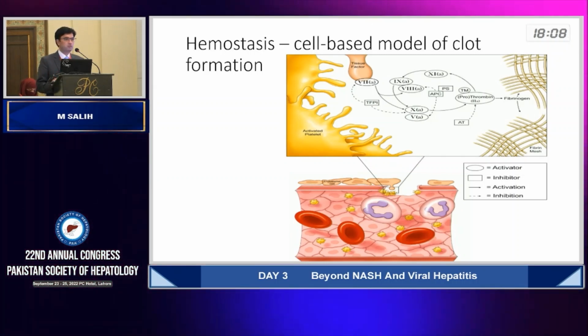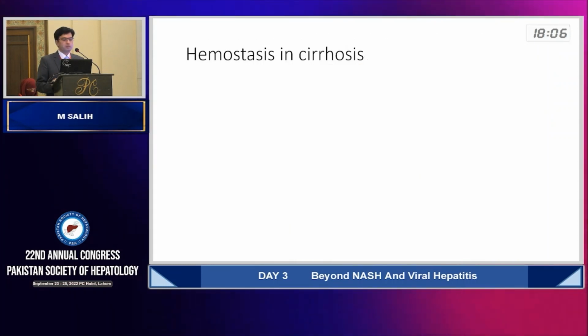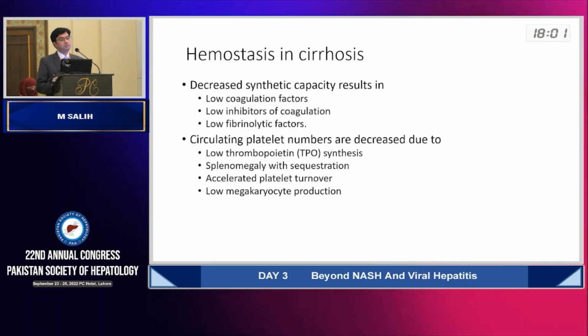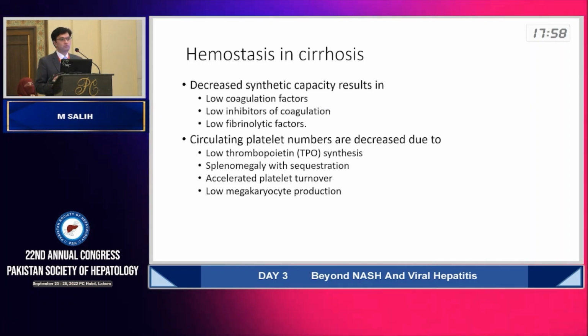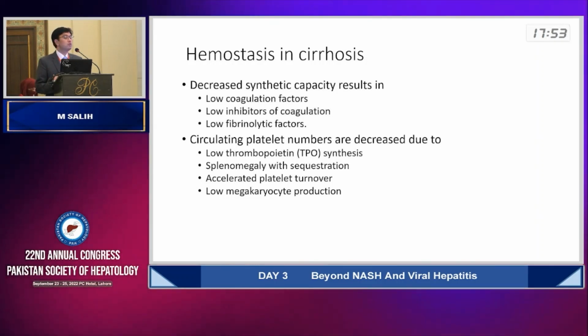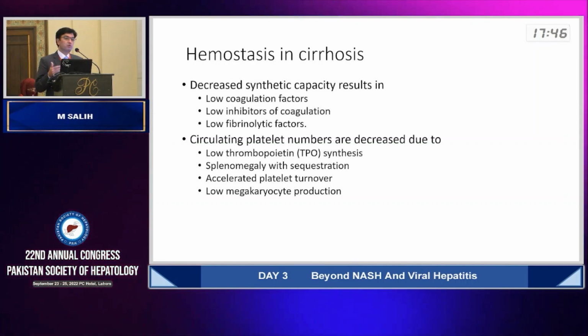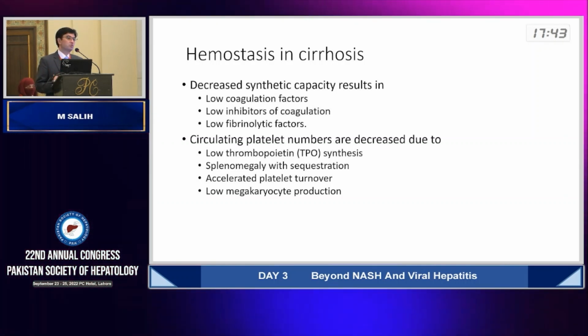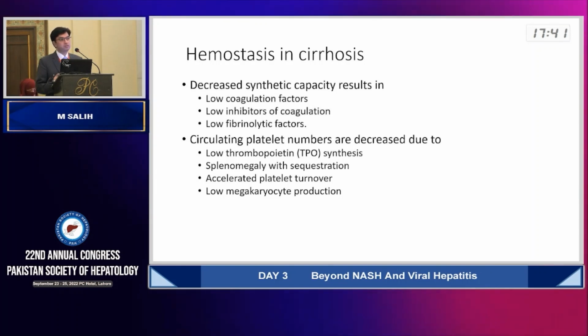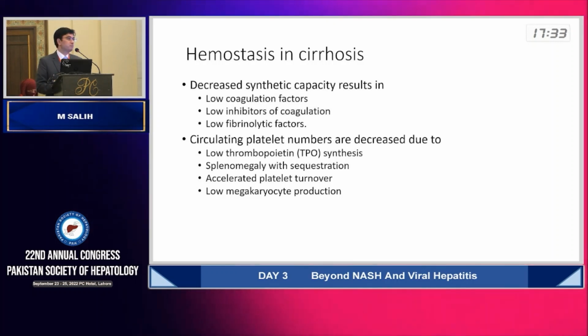And if there is a tissue trauma, then a clot is formed. Hemostasis in cirrhosis: we also know that lots of changes are occurring, and there is decreased synthesis capacity because of the loss of hepatocellular capacity, which leads to a decrease in the pro- and anticoagulant factors as well as in the fibrinolytic factors. To make this more complex, there is also qualitative and quantitative deficiency of the platelets due to decreased thrombopoietin, as well as sequestration and accelerated turnover of the platelets due to hypersplenism.